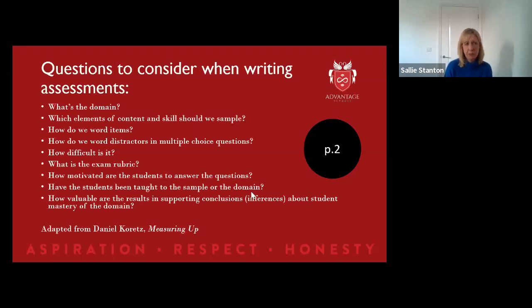The postal workers became aware of what addresses were sampled, and so they were really diligent about making sure that any mail to those addresses was processed really promptly. It's just natural when you're human to want to demonstrate what a good job you're doing, and sometimes it can influence you to do things that actually get in the way of what we're trying to achieve, which is to work out, is the whole system working? Are we teaching this whole topic well, not just the little bit that comes up on the exam?